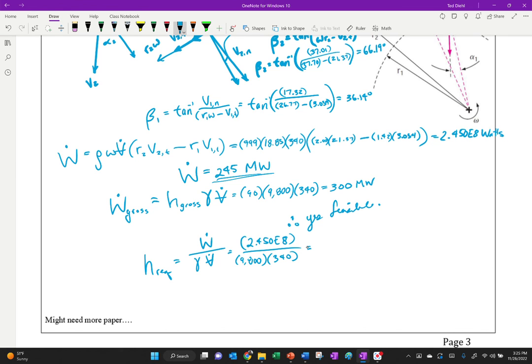So that means we have a required 73.53 meters, and of course that is less than 90, and therefore it's feasible that we could use this design. And that's the end of this example.